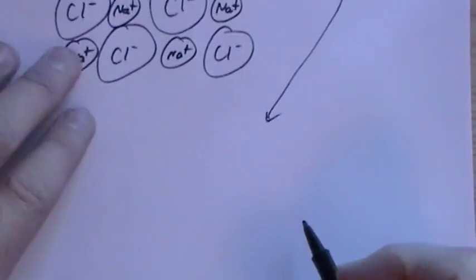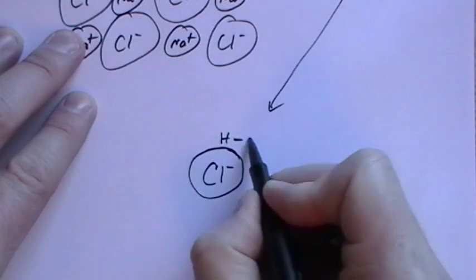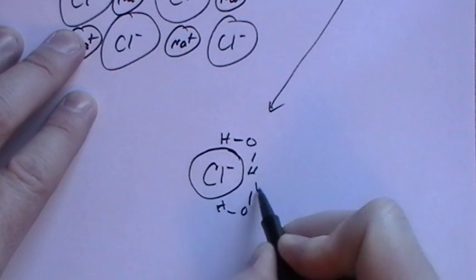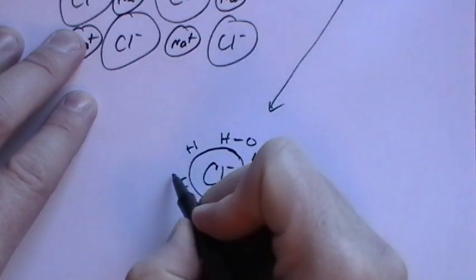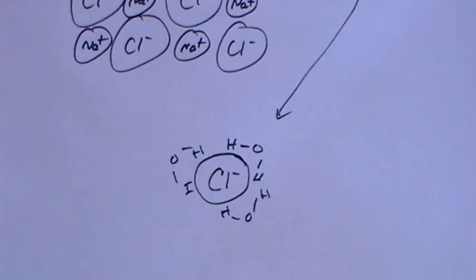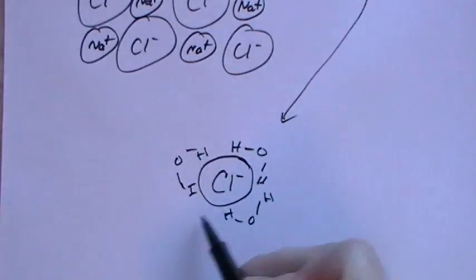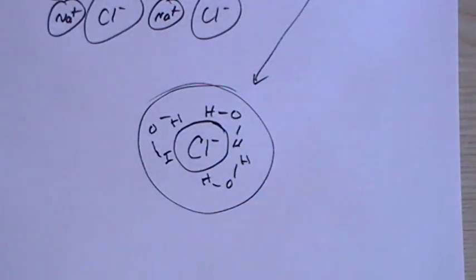I'm going to put it down here. And the Cl minus ion will then be wrapped up with water molecules on every side, and the things that hold them together are the hydrogens, the slightly positive side of the water. It creates a cage around the ion.